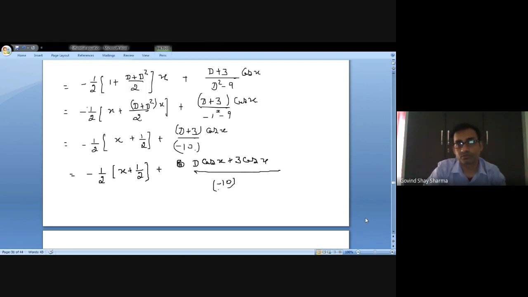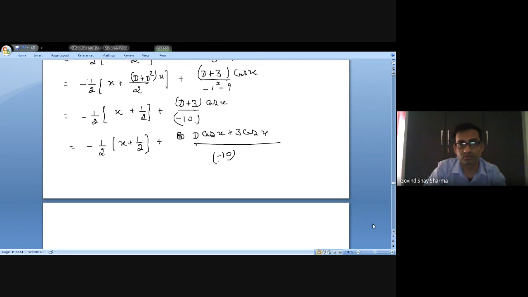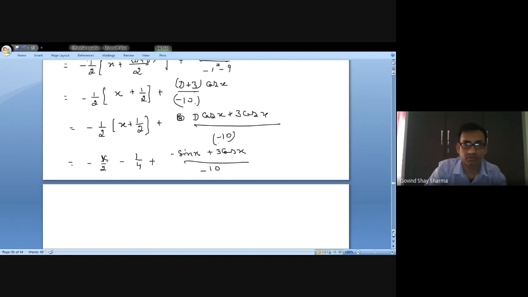So minus half x minus 1 by 4, and D cos x is equal to minus sin x, so minus sin x plus 3 cos x. Here we find minus x by 2 minus 1 by 4 plus sin x upon 10 minus 3 cos x by 10.